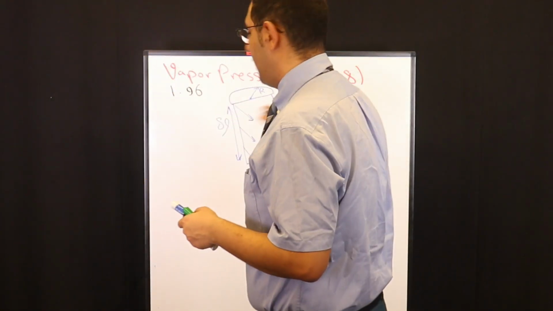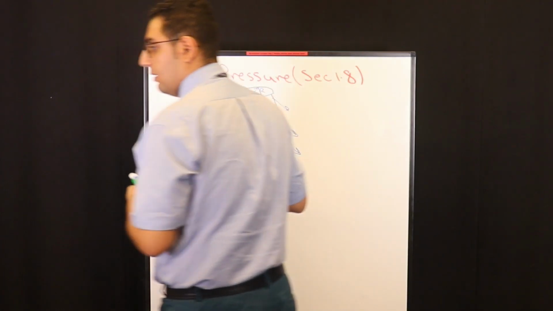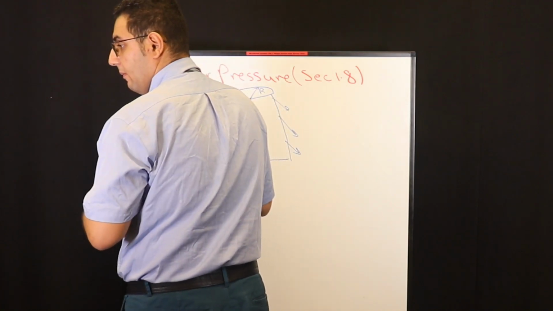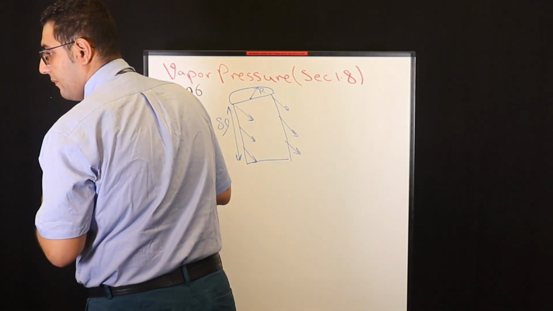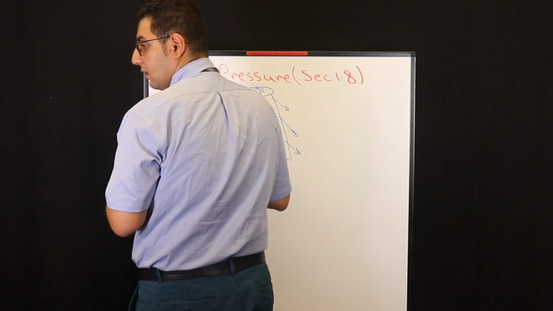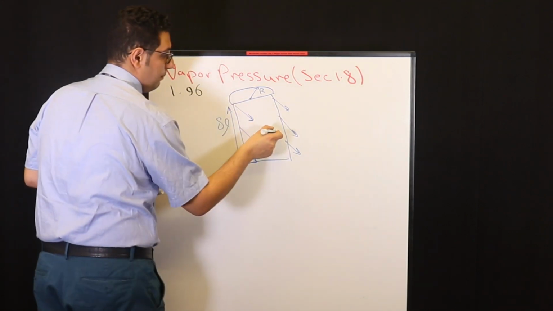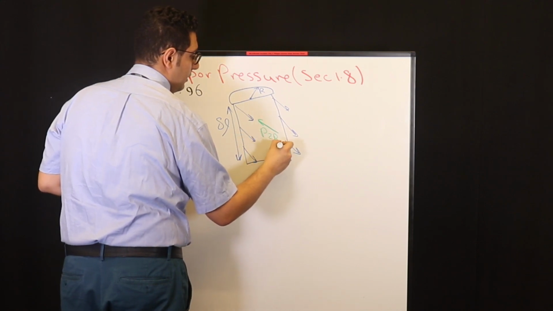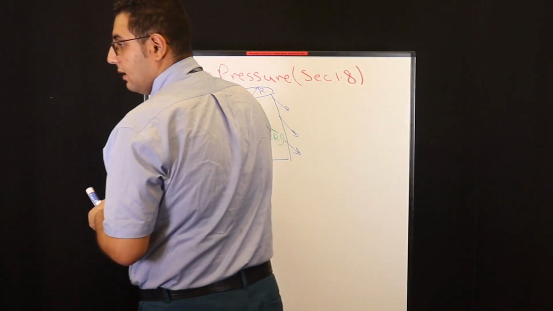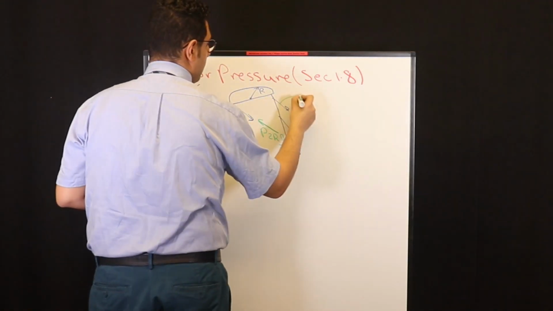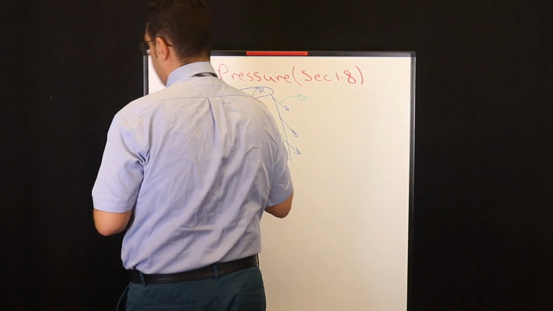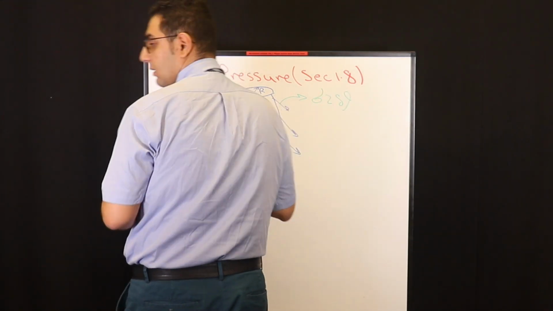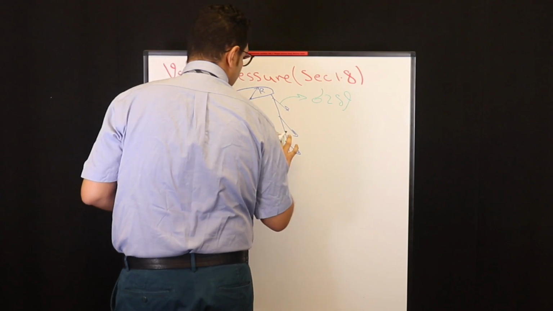We have a pressure to this center, which is P times 2R delta L, and surface tensions, which are sigma times 2 delta L, and there's also delta L in here.